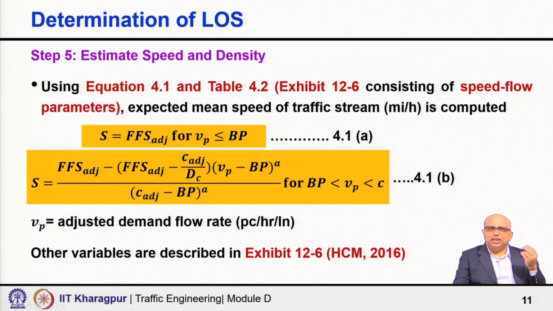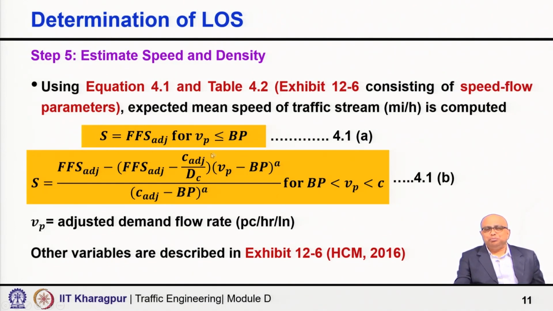So, to calculate the speed, we know the flow, we know the speed-flow equation. These equations I have mentioned earlier, but I have reproduced them here. Up to the break point, the speed is the free flow speed, adjusted for the prevailing condition, so we can directly use this value.